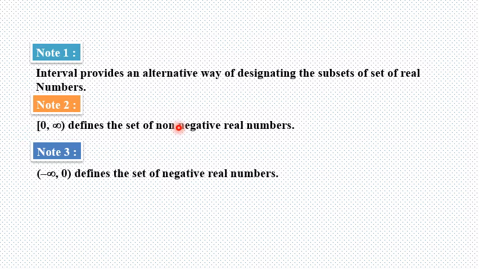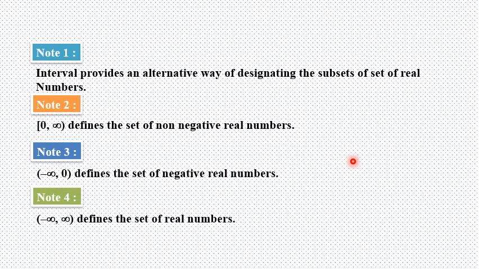You can say set of positive real numbers also, but 0 is included here. That's why we say non-negative. Note 4: minus infinity to infinity defines the set of all real numbers. Very important, all these 4 notes. Remember this. So we go for the next.